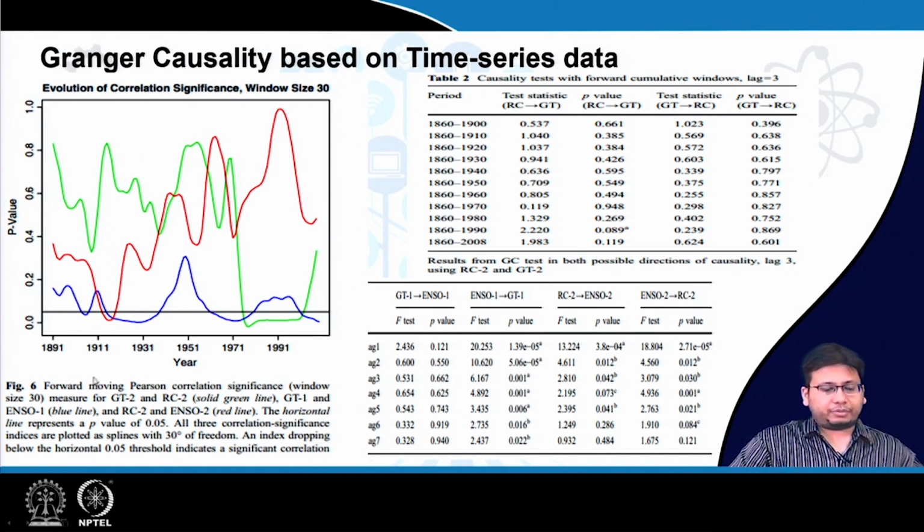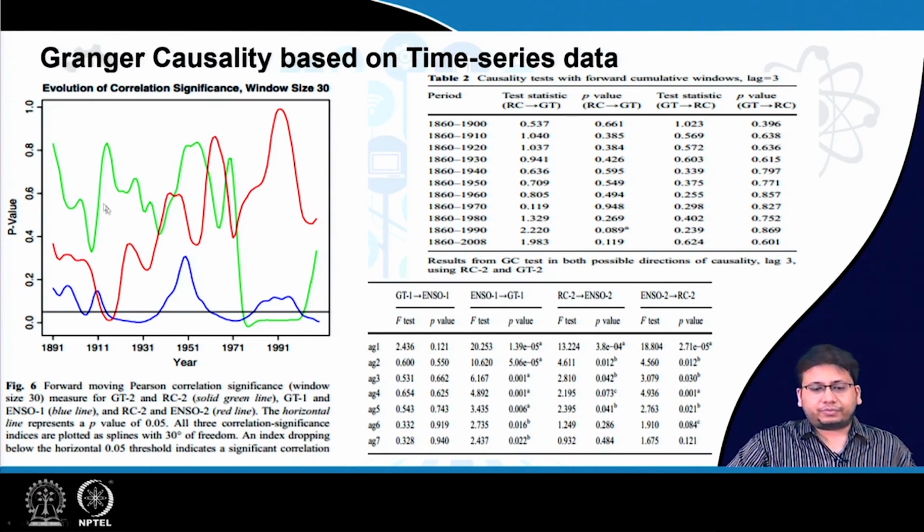So they use what is known as the Pearson correlation coefficient, and they measure it between different pairs of variables, like the global temperature and RC, meaning the radiative forcing, and this means something like the second derivative.